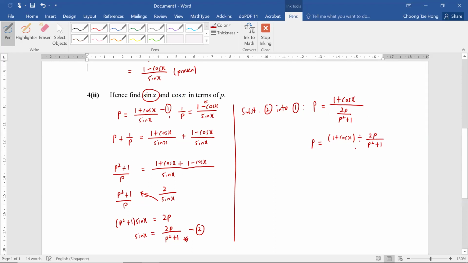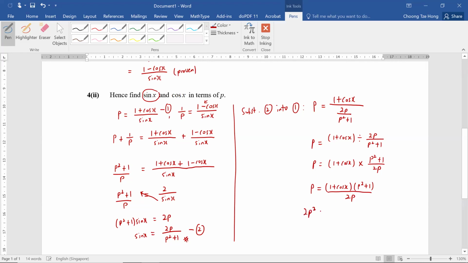Then all we need to do is flip it. Change the divide to times and flip the fraction. So in the end, we'll get p equals 1 plus cosine x times p squared plus 1 over 2p.